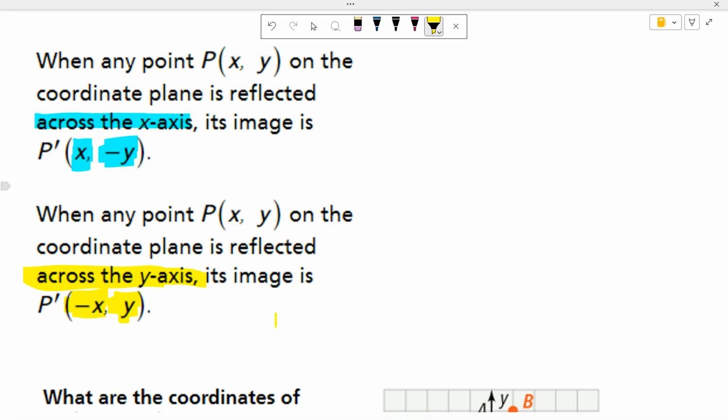So most of the time you can just see it and you don't have to worry about the ordered pairs. When we get to rotations, we're going to worry about the ordered pairs. Okay? Rotations are the hardest ones of these three. But when you go across the x-axis, you don't change the x value because you're flipping it straight down. When you go across the y-axis, you don't change the y value, you just do the opposite of the x value. All right.